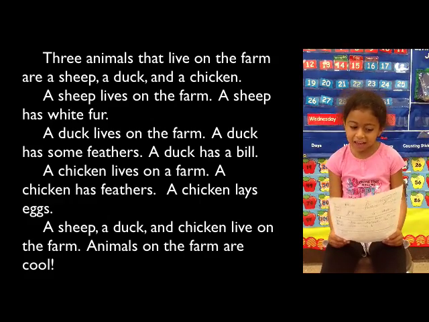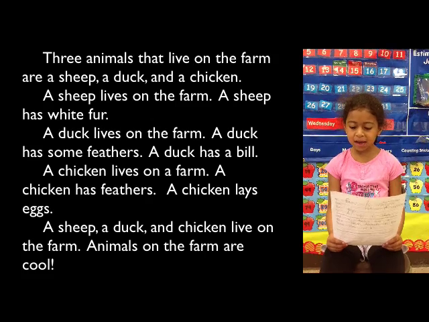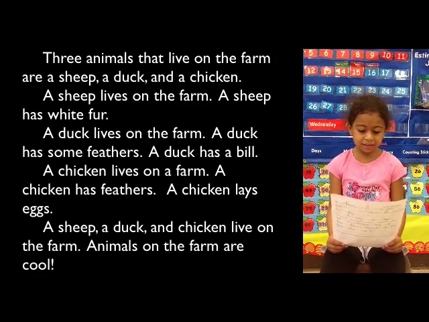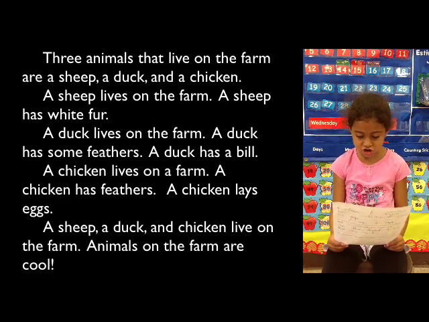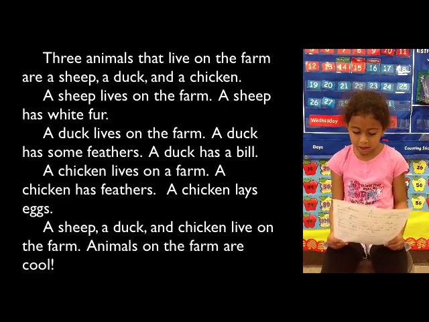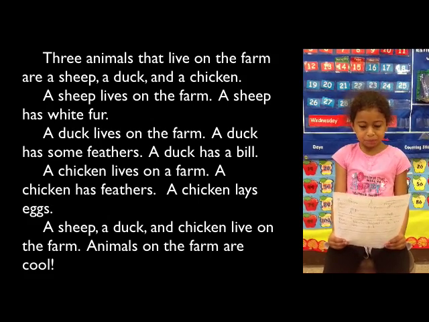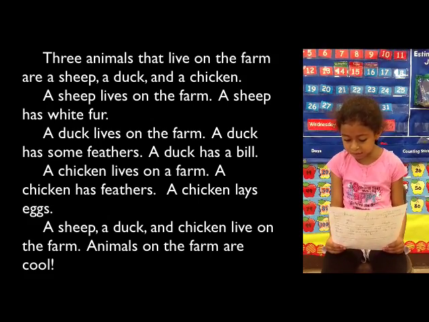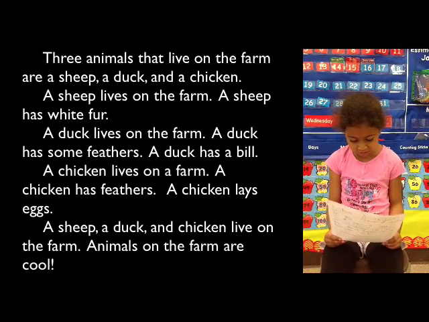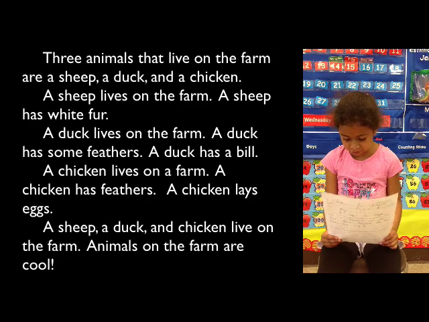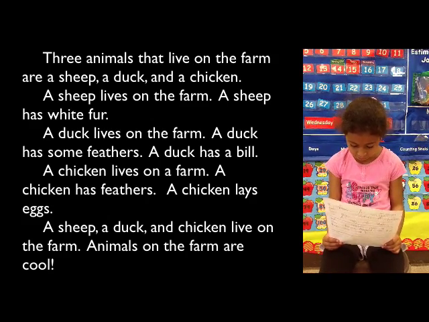3 animals that live on the farm are a sheep, a duck, and a chicken. A sheep lives on the farm. A sheep has white fur. A duck lives on the farm. A duck has some feathers. A duck has a bill.